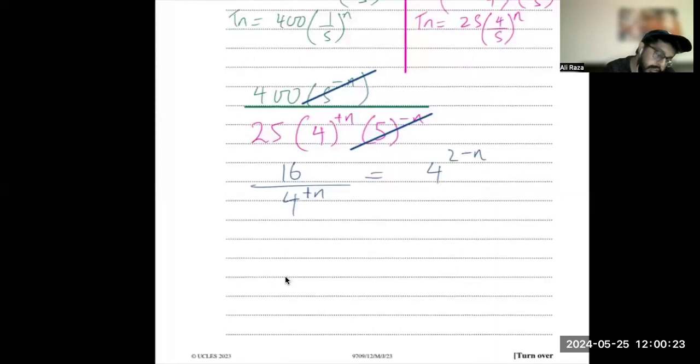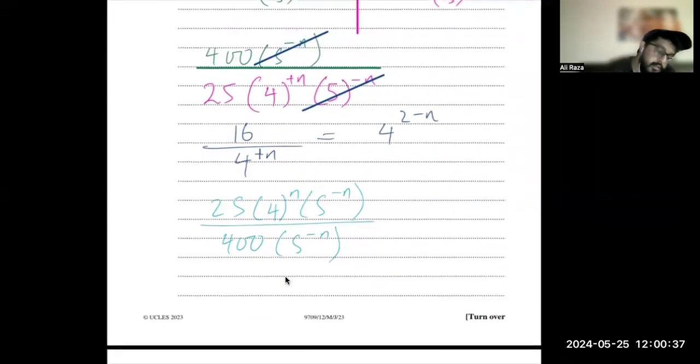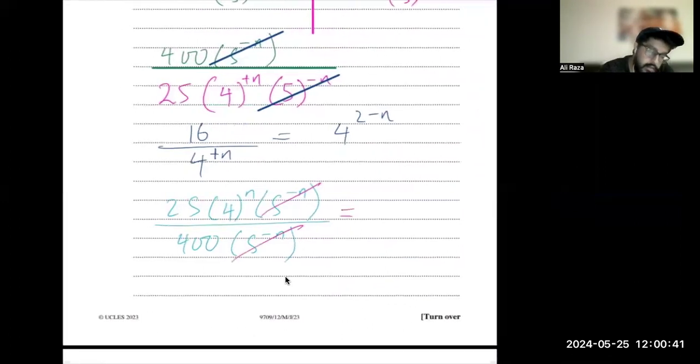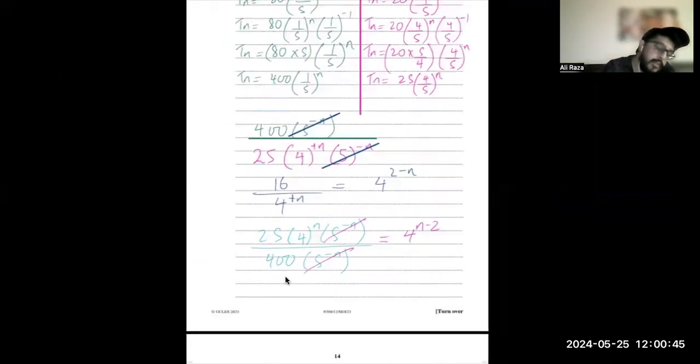But if we divide 25, 4 power n and 5 power minus n by 400, 5 power minus n, we get 4 power n minus 2. So we have the answer now.